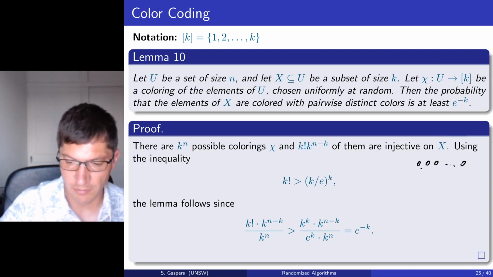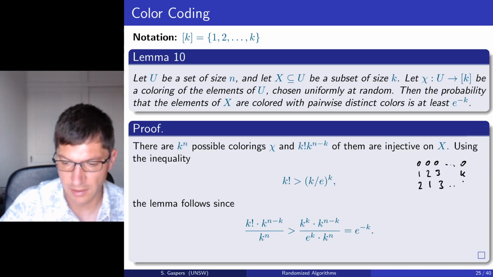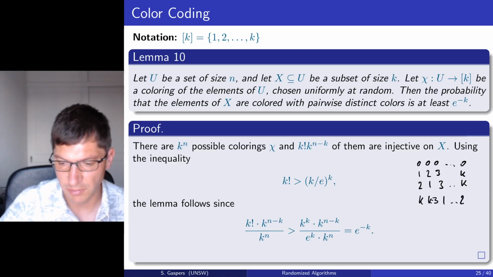we could color them with 1, 2, 3 up to k, or with 2, 1, 3 up to k, or we could start with the color k and then have k minus 3, and then have 1, etc. Maybe we end with 2.